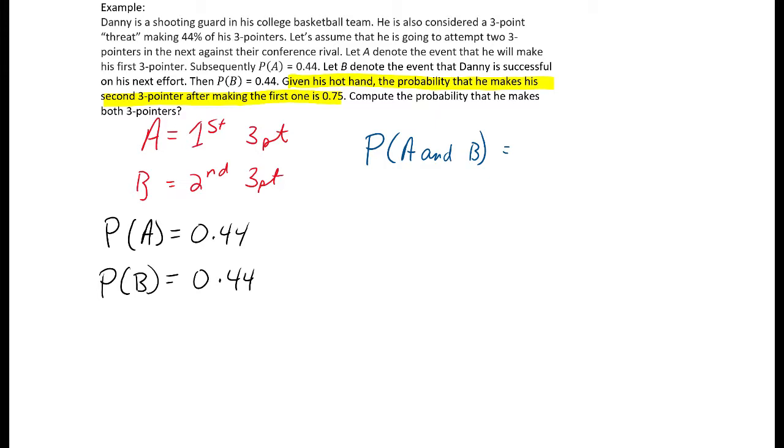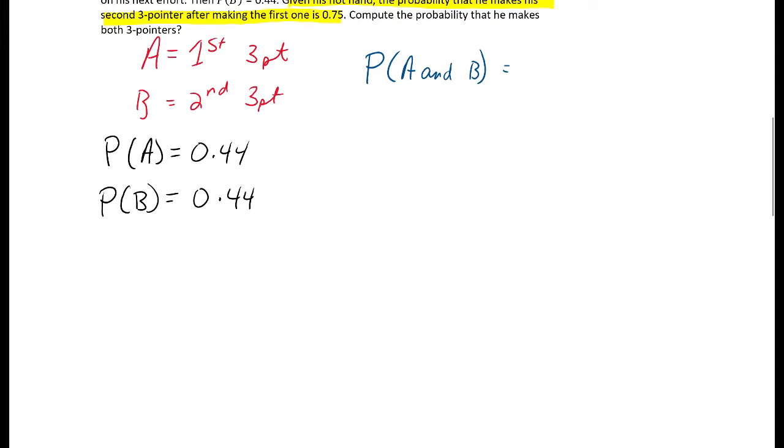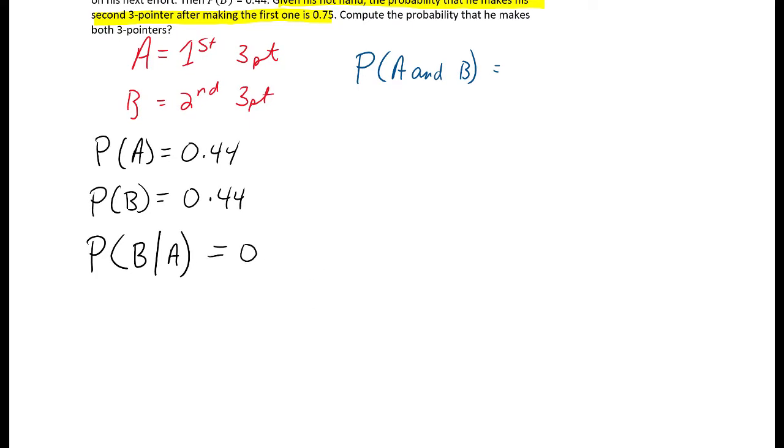So what type of probability is that 75%? It is the probability that he makes the second three-pointer given that he's already made the first. He's in the zone, is what we call it. Well, the probability of B given A is 0.75 for this particular example.